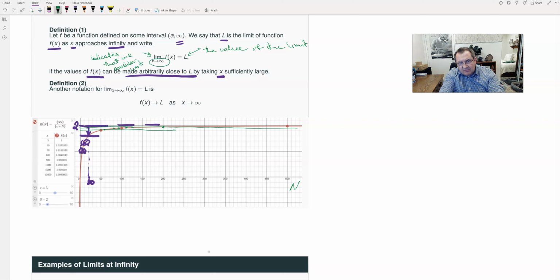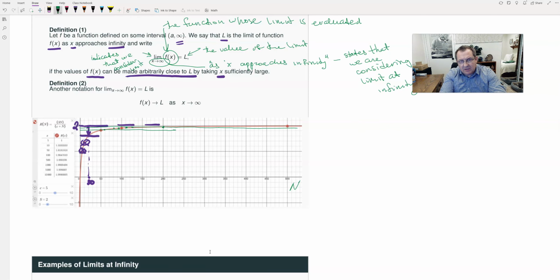The x goes to infinity, we read as x approaches infinity, and indicates the type of the limit that we're considering. Well, f is the function in question, right? And altogether, it means that values of the function can be made arbitrarily close to L by considering sufficiently large values of the variable.